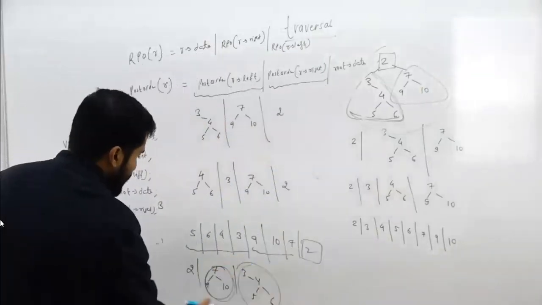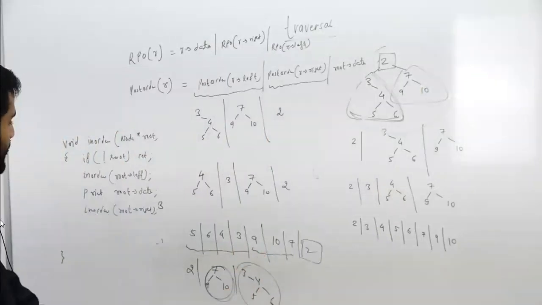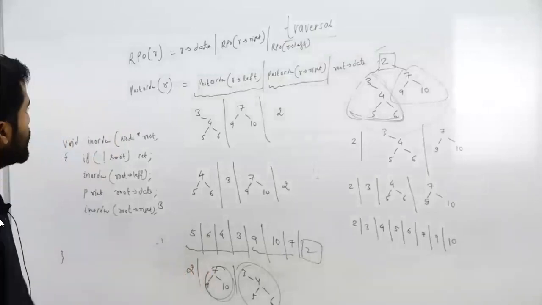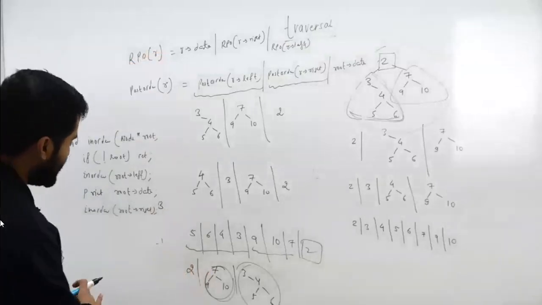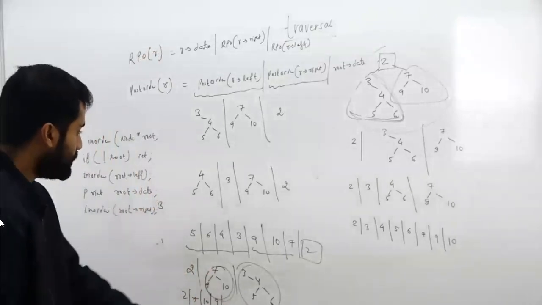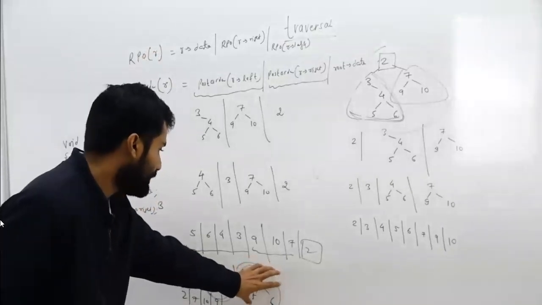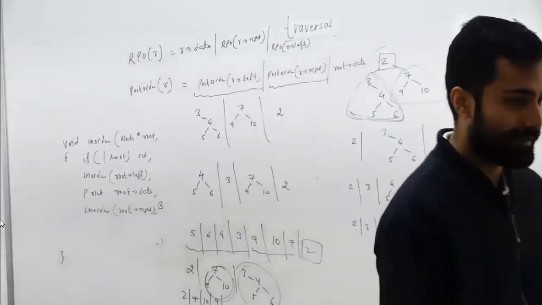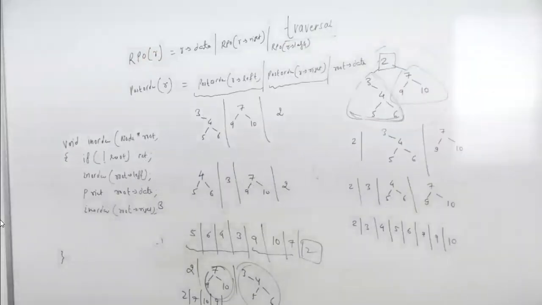So again, if you are printing this particular thing, the first thing you will do is you will print the root itself, which is 7, and after that you will focus on the right subtree, which is 10, and then 9. But let's come over here. What do you think? Will here also the situation be the same, or will it be slightly different? Think about that. Same or different?